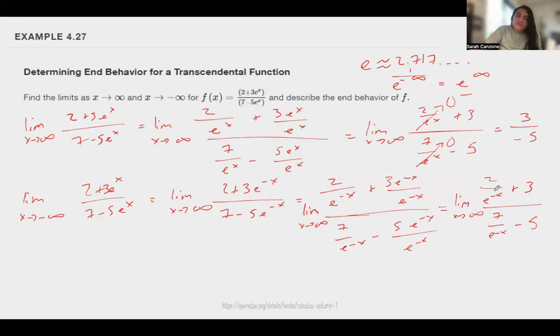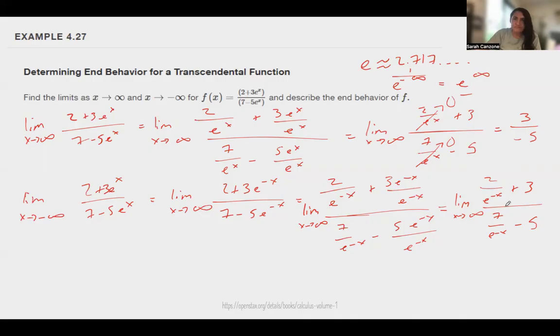This is kind of my reasoning for what I'm thinking. If you plug in infinity, this e to the negative x is going to be a very tiny number, which makes this whole thing become a large number. So this whole thing goes to infinity over infinity, and it actually doesn't help us.